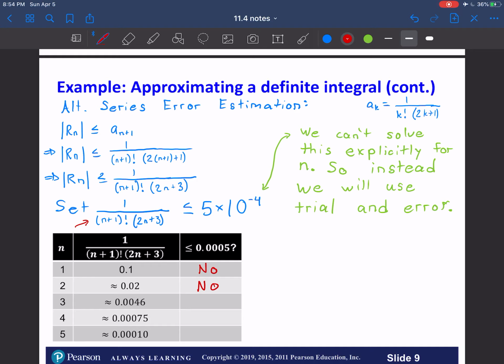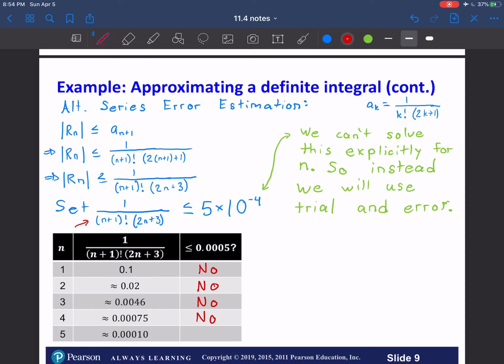Same thing if we plug in 3. We would get 0.0046, so the error is getting smaller, but it's still not quite as small as we want it. If we plug in 4, it's still not smaller than what we want. It is just barely larger than 5 times 10 to the negative fourth.